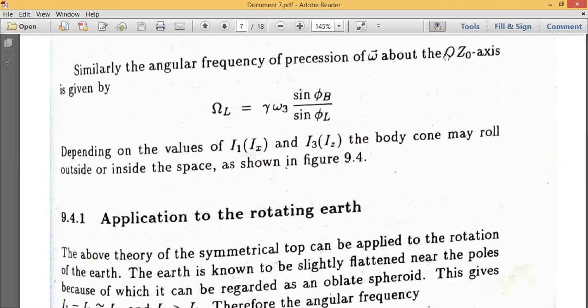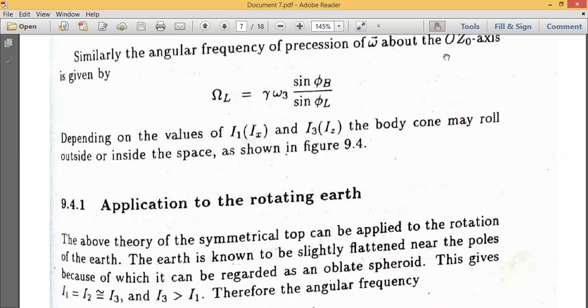Next, applications to the rotating Earth. The above theory of the symmetrical top can be applied to the rotation of Earth.